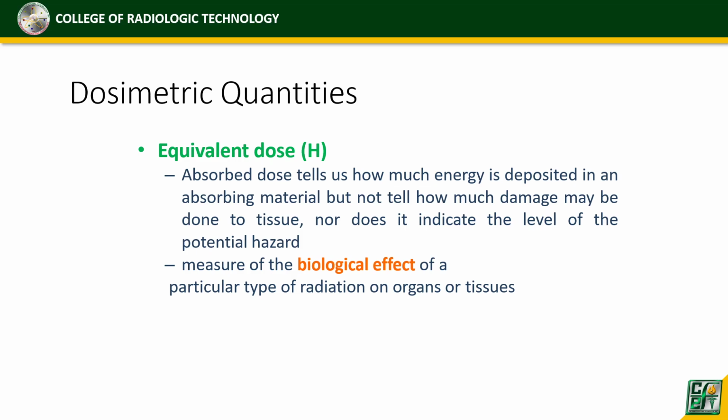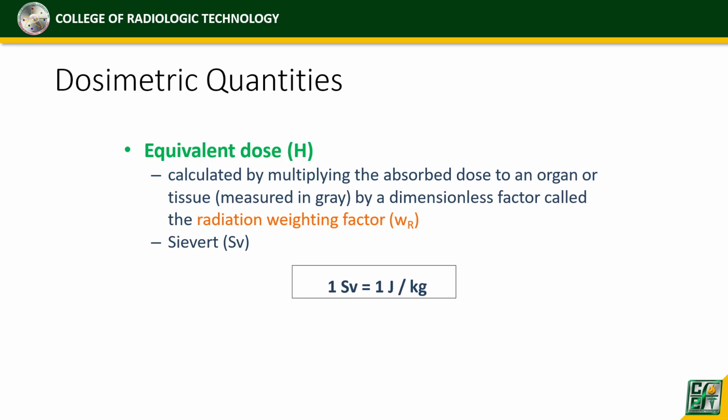So, dito papasok yung equivalent dose. Okay. Yung equivalent dose, meron siyang measurement ng biological effect for each type of radiation and for each location. Okay? So, location, tissues, and organs, for specific tissues and organs. Okay.